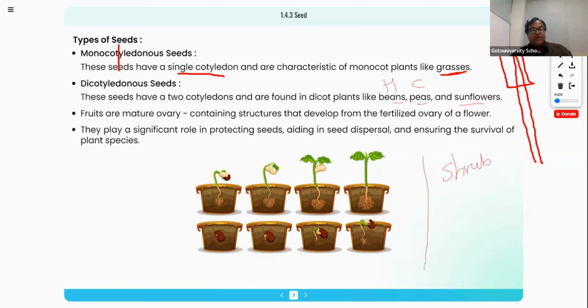The mature ovary or the fruit has the ovary wall, which is also called the fruit wall. Again, I'm repeating, the ovary wall is also called the fruit wall. If the ovary wall is completely developed, the developed ovary wall, also called the fruit wall, does not allow the fruit to get damaged very fast.